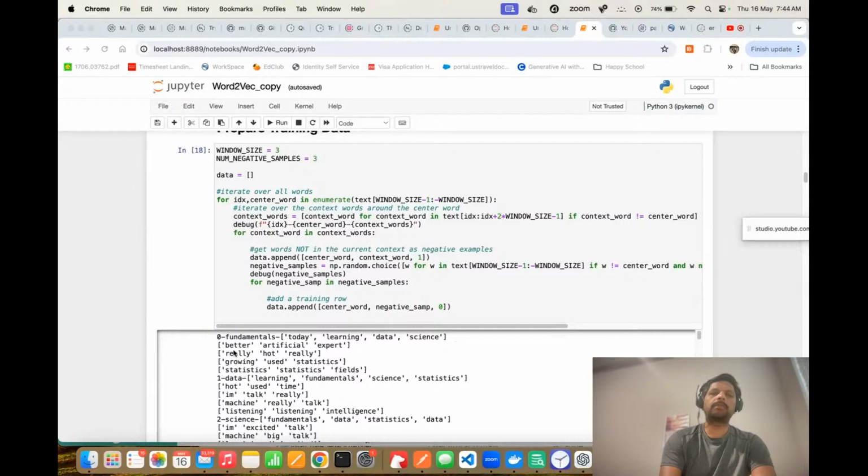And for learning, he picked up really, hot, really, which is not part of the context. He should have avoided the repetition of words here so that it will be much more efficient, because predicting the same negative word twice doesn't add much value.